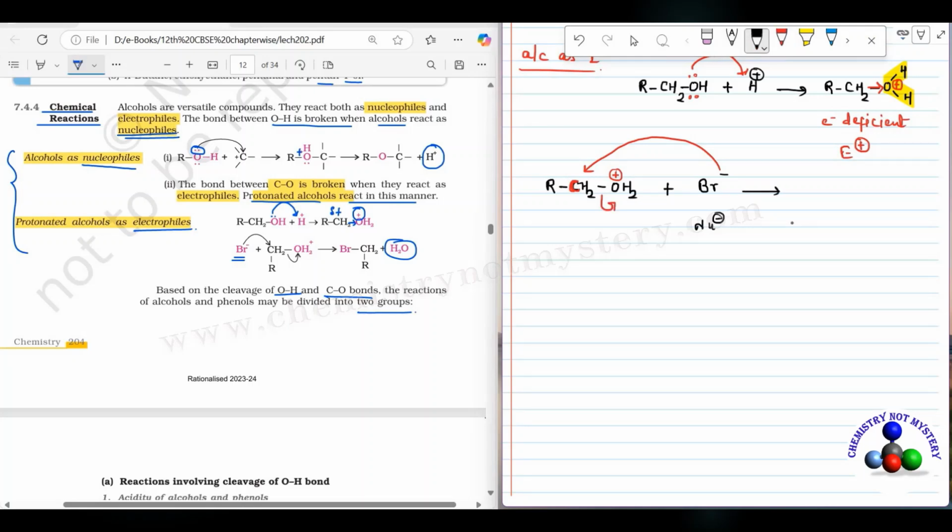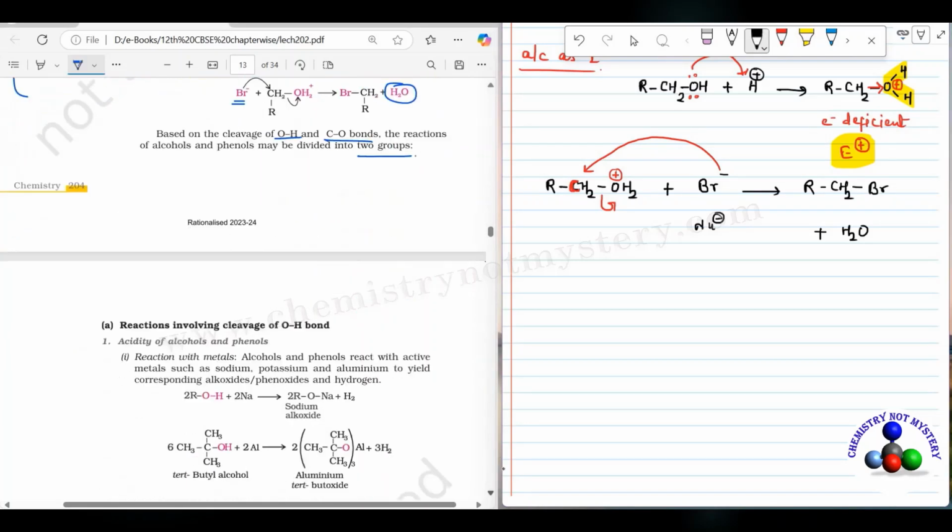So here you will get the product R, CH2, Br, and the H2O positive ion is removed in the form of a water molecule, which is a very good leaving group. So that's how it will undergo a nucleophilic substitution reaction, in which protonated alcohol acts as an electrophile.